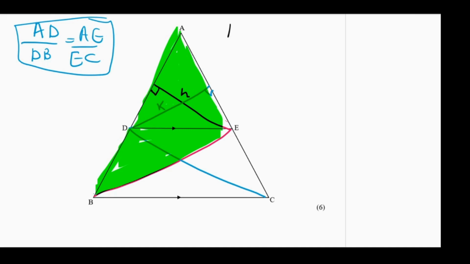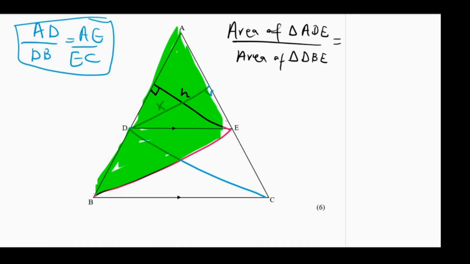At the top is going to be the area of triangle ADE, divided by the area of triangle DBE. So what's the top area of the triangle?